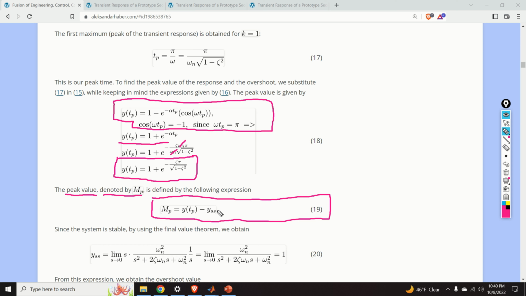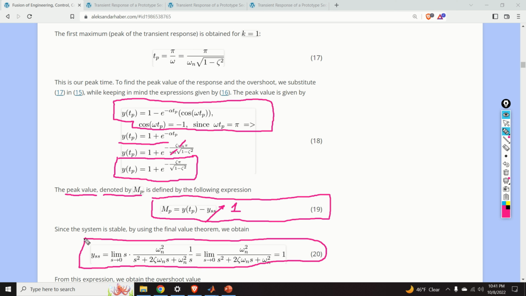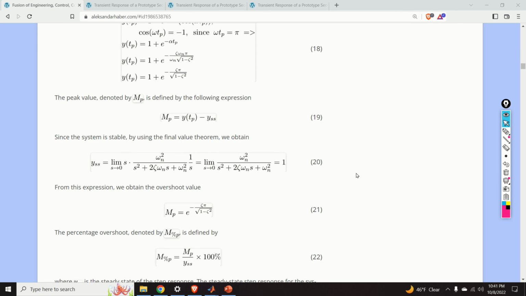Now, the steady state value of the function is equal to 1, and this follows from the final value theorem since the system is stable. Basically, if the control system is well designed, then our steady state value will approach 1 in the step response. That is, the steady state error will be equal to 0.